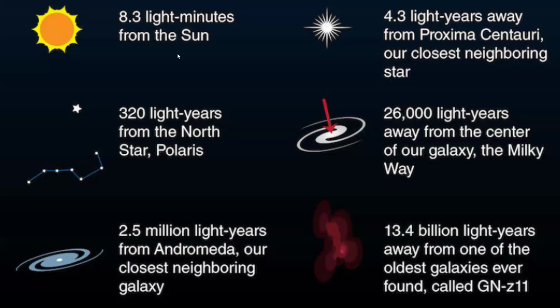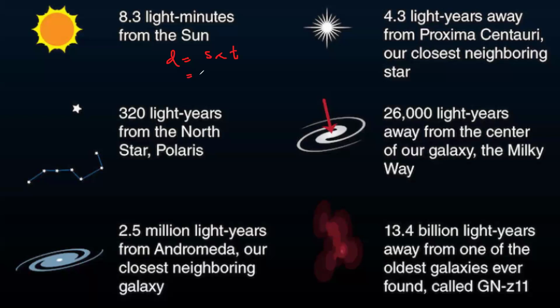But if we want to convert this into meters, how can we convert 8.3 light minutes? We have the formula speed is distance divided by time. So if we need the distance, the distance will be speed multiplied by time.